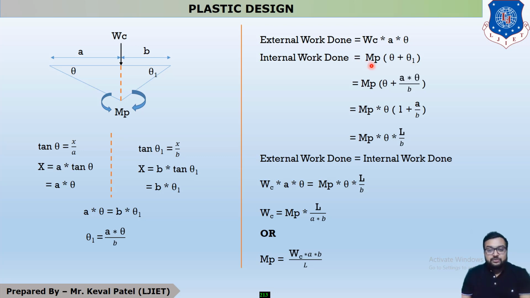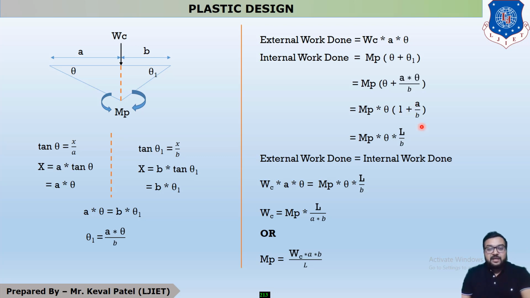So mp is constant, theta plus, now what is theta 1? Your theta 1 is equal to a theta by b. Now you can see that theta is common in both the terms.